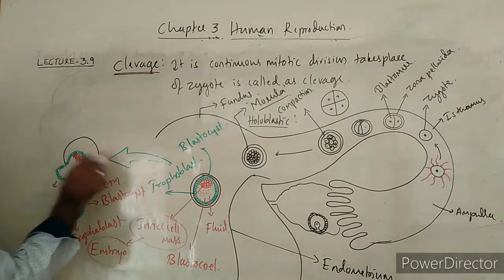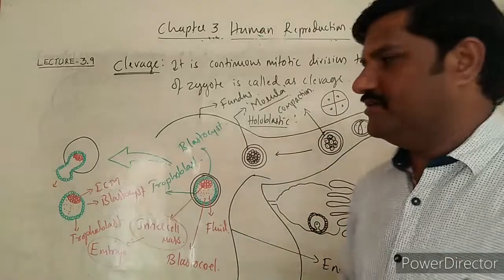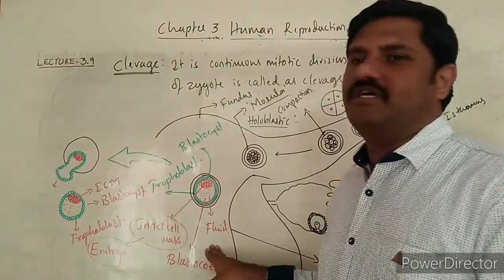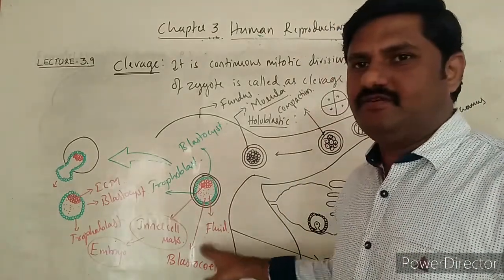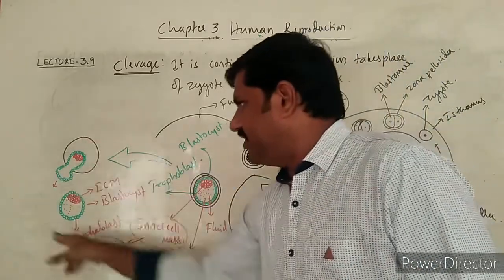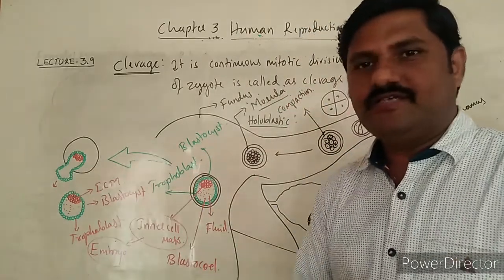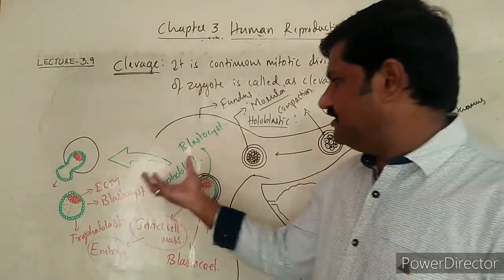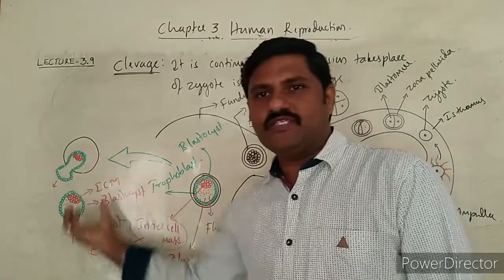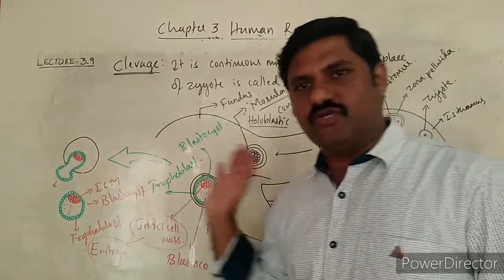I hope you have understood all these events. The next stage I have to show here myself. It will not be very clear over here, that's why I have shown this separately. So I hope you have understood how this blastocyst comes out of the zona pellucida after breaking down of the zona pellucida.